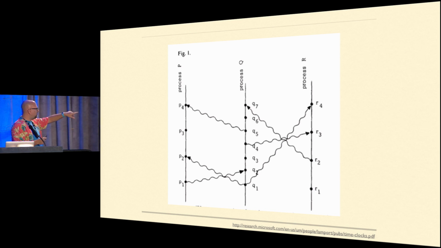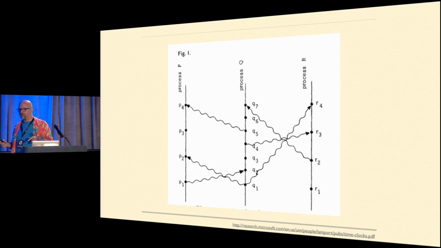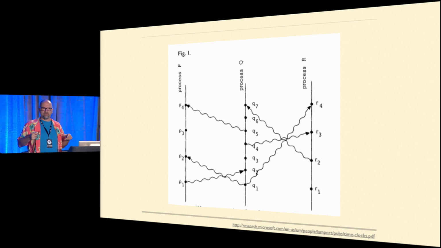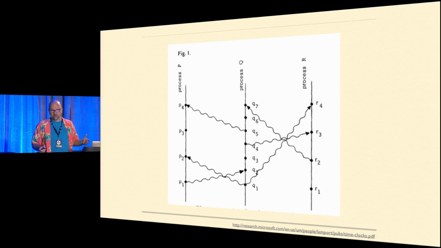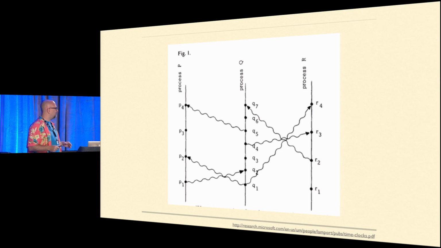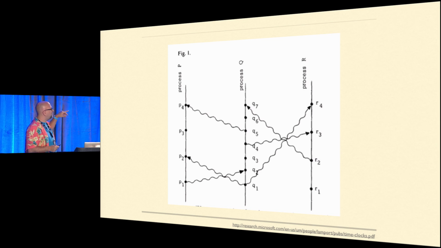We know that P1 and Q1 are concurrent, not necessarily parallel. Parallel implies things are happening at the same time. Concurrent just says they happened and we don't know which one happened first. That's one primitive definition of the two terms. P1 and Q1 are concurrent. We can't really say anything about their ordering other than that they happen at maybe roughly the same time. But regardless, Q1 happened before Q2, and P1 happened before Q2.